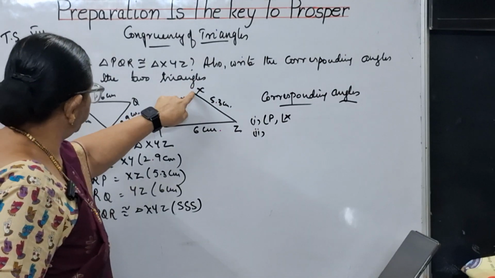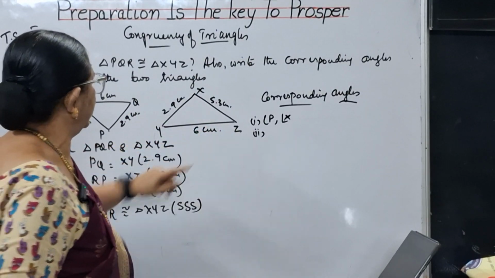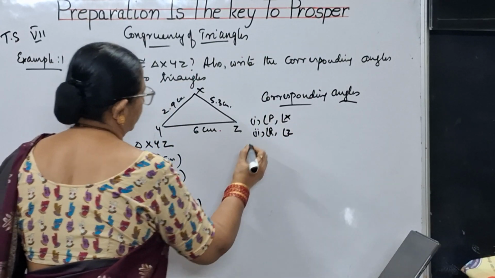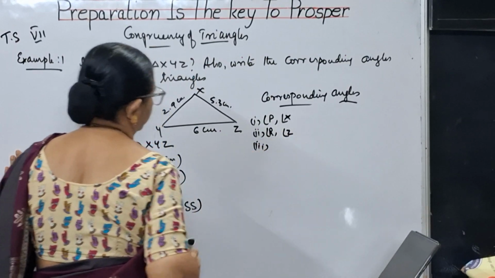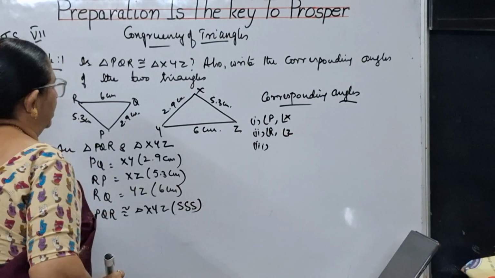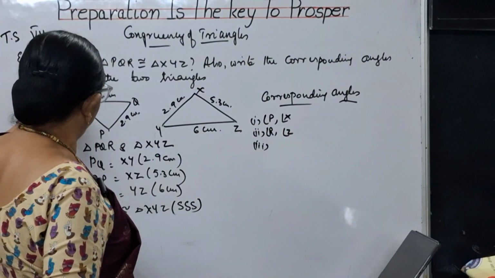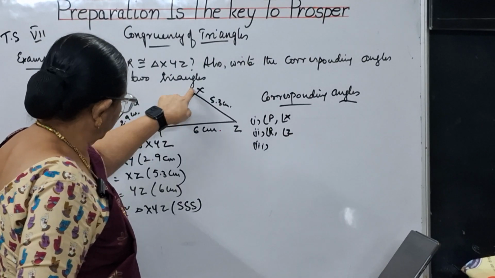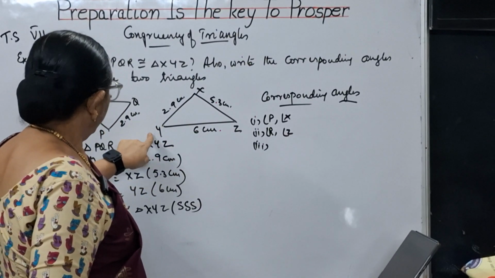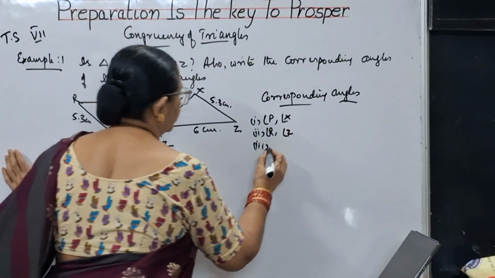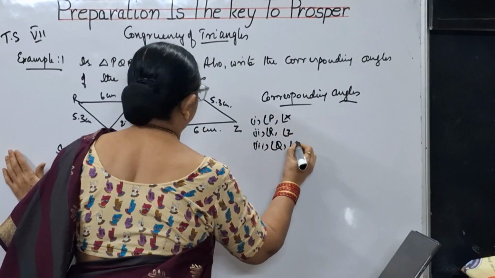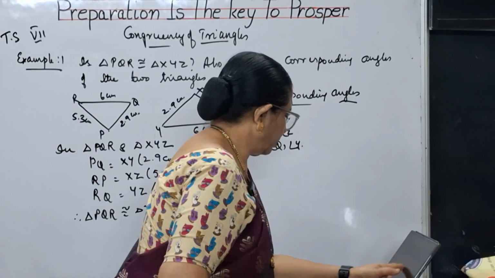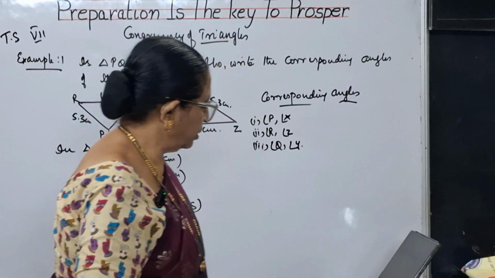So when we are saying P, then R will be equal to Z. Angle R and angle Z are the second pair of corresponding angles. And what is left behind, children? Here P we have taken, R we have taken, only Q is left behind. And here X we have taken and Z we have taken, only Y is left behind. So angle Q and angle Y are the corresponding angles for this problem, children. Please note it down.